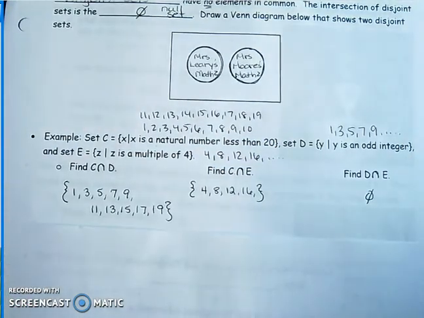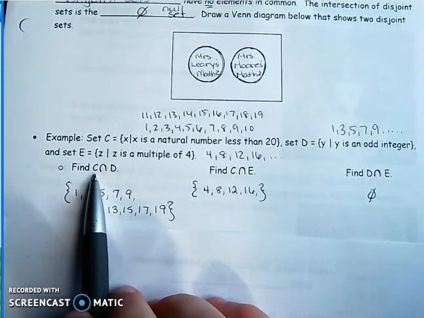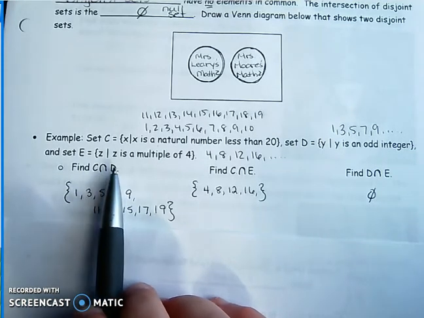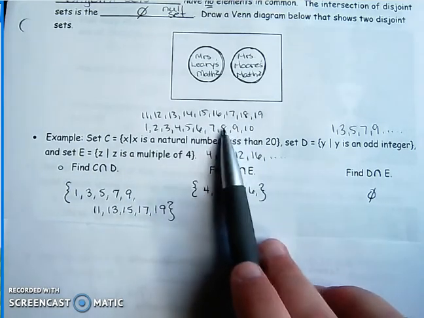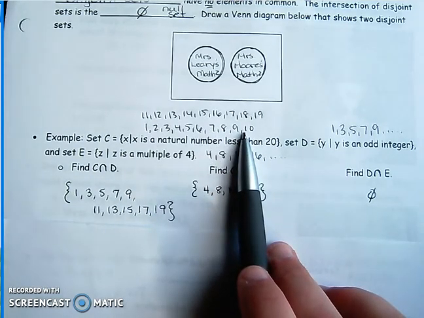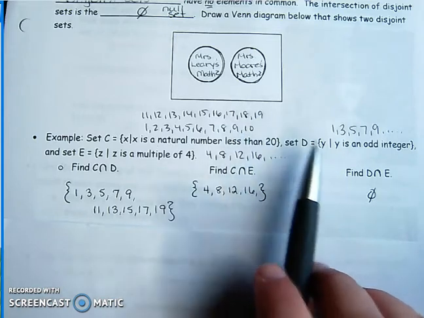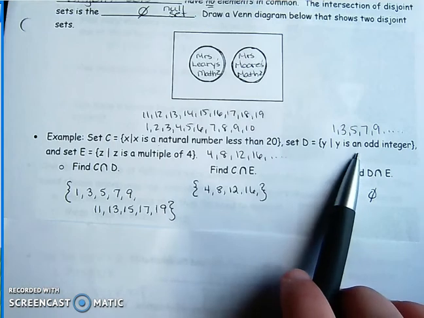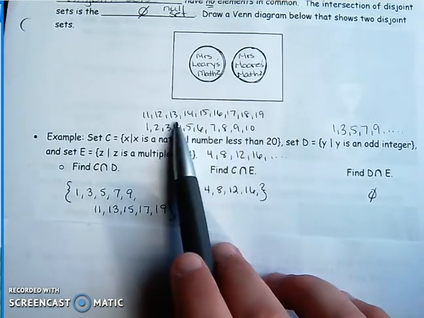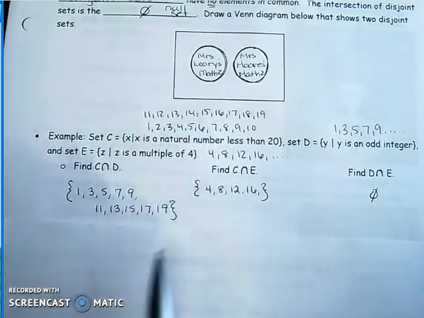Then we are asked to find C and D, the intersection of these two. Well, because C has an ending point, it makes life easier because we don't have to go on forever and ever. So we want a natural number less than 20 that is also an odd integer. So basically all we want are the odd numbers less than 20.